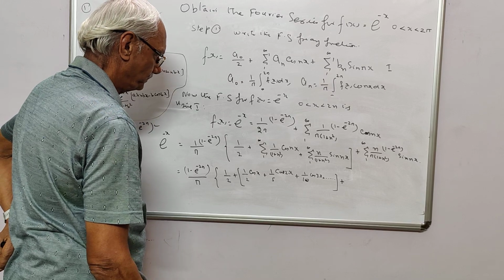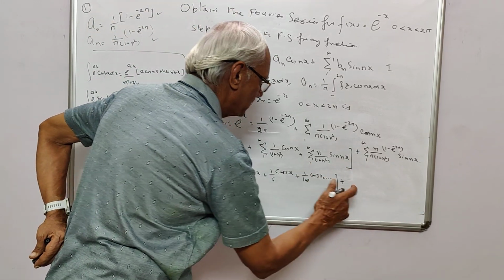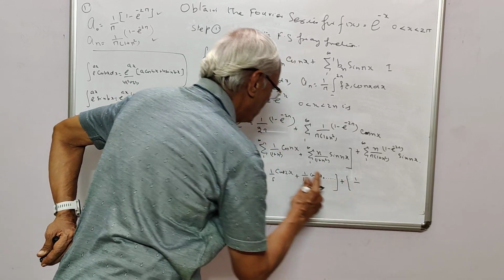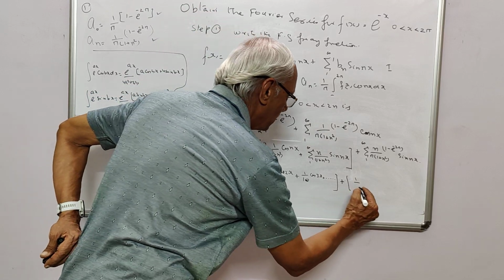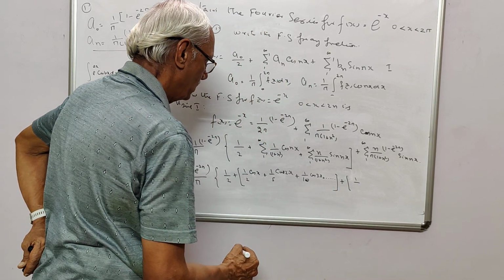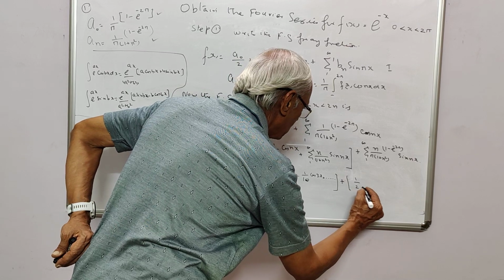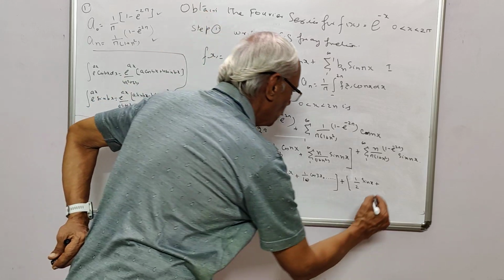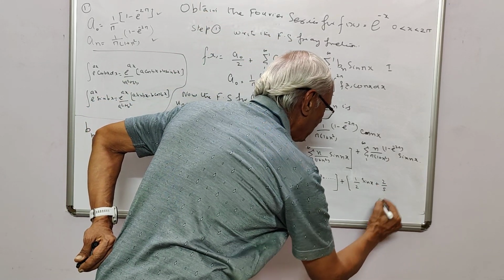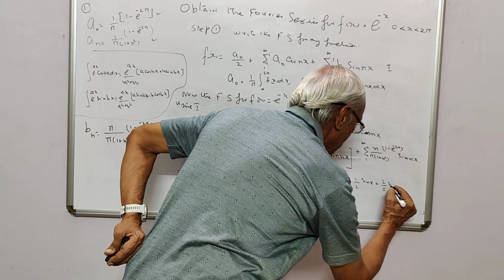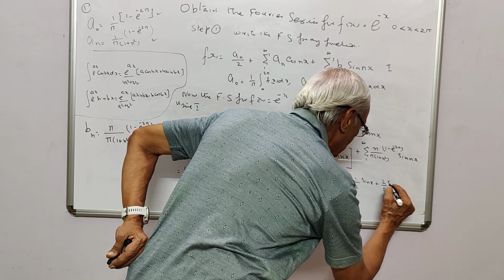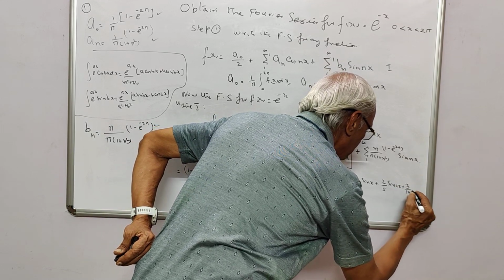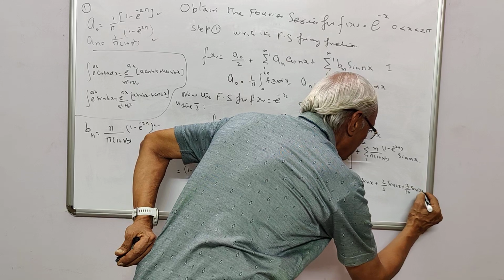Plus, for the sine part, put n is equal to 1: 1 by 2 sin x, plus 2 by 5 sin 2x, plus 3 by 10 sin 3x.